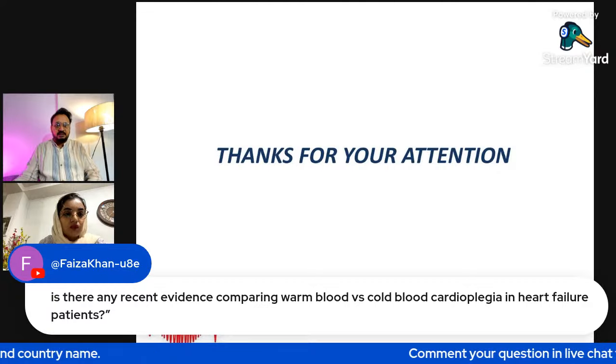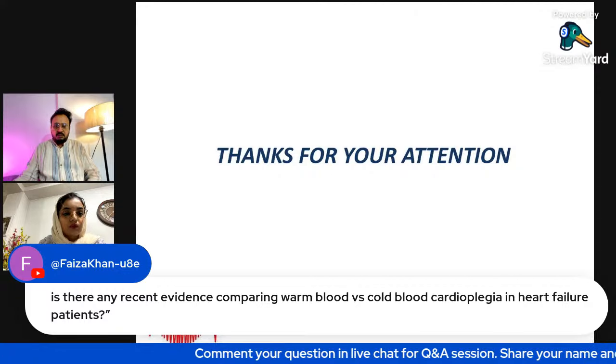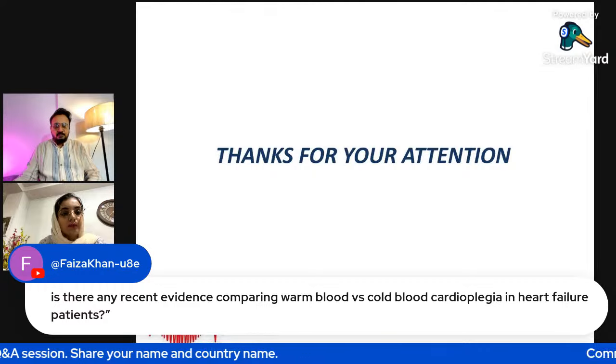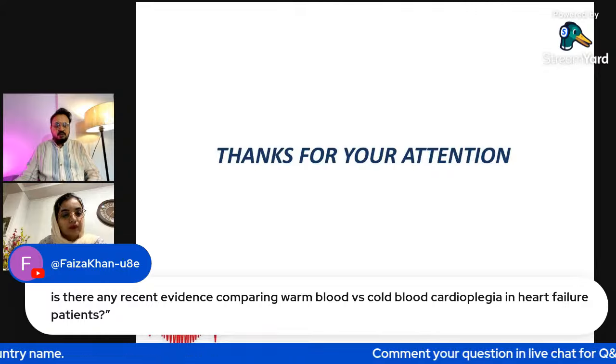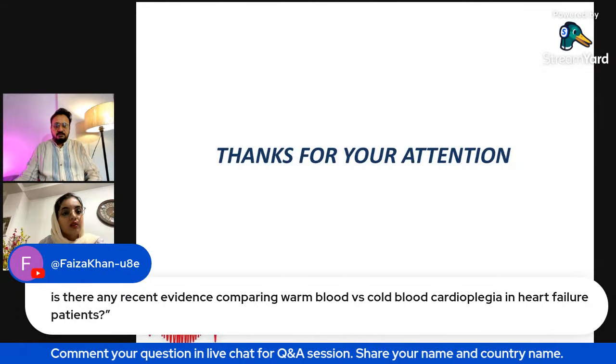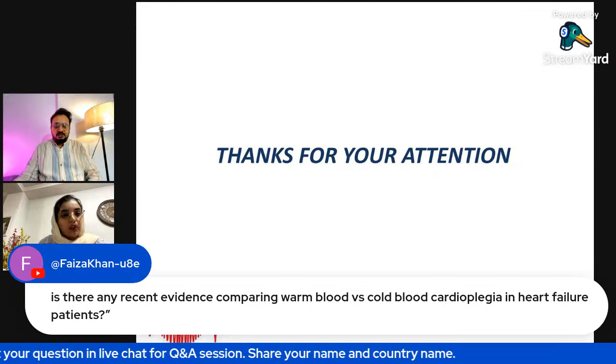We should maintain the pressure, temperature, and the composition of the cardioplegia, because potassium is important and the buffers are also important in cardioplegia. I think blood cardioplegia is more beneficial than crystalloid cardioplegia in such patients, because it provides glucose and oxygen for metabolism.